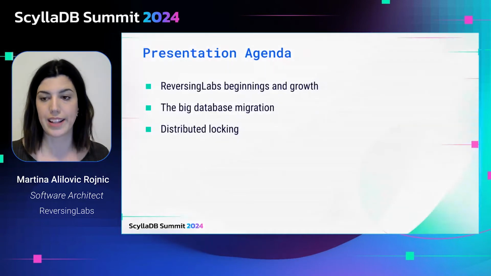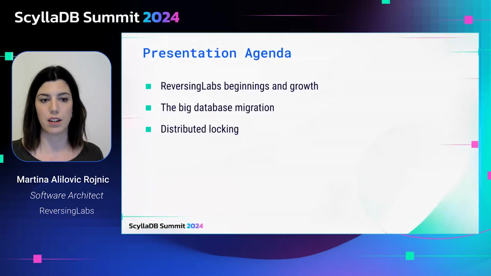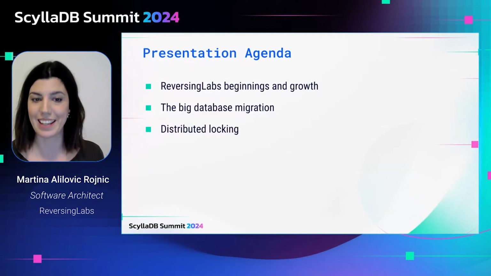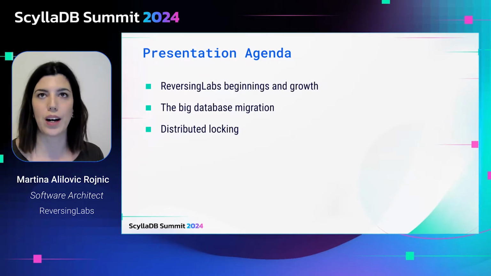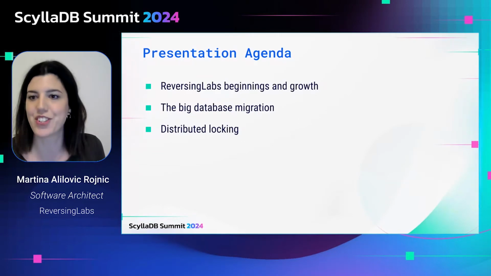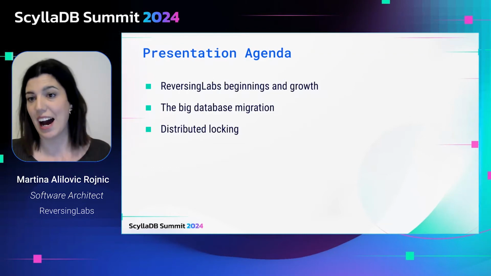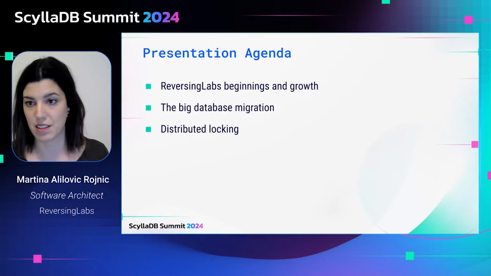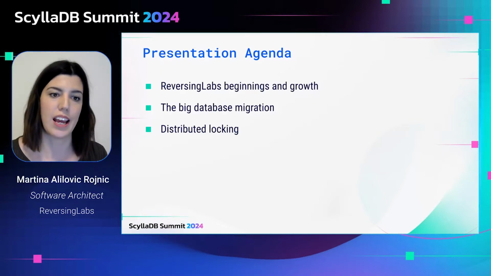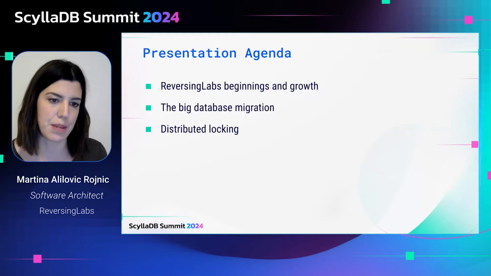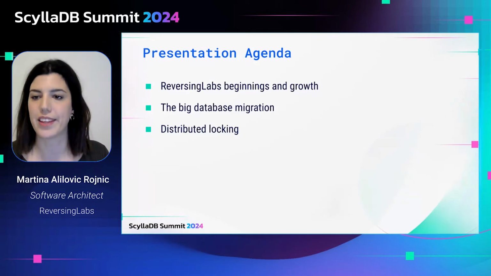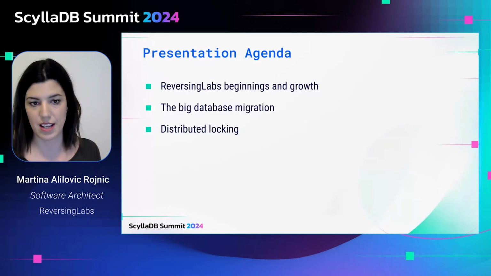Today, what I'd like to do is first go through ReversingLabs' beginnings and growth, how we got to this point of this migration, how it is that we ended up with this internal key value store, and how we got to ScyllaDB, and a bit of context for the migration itself.